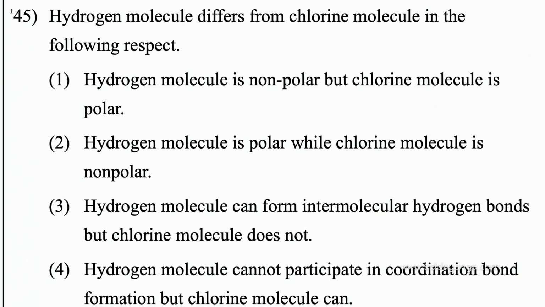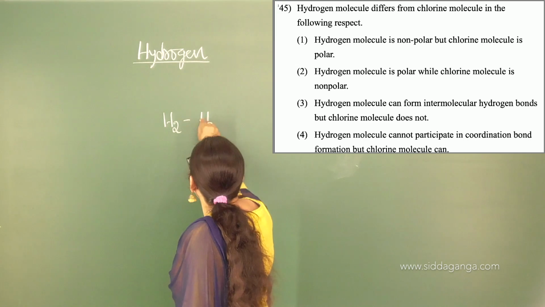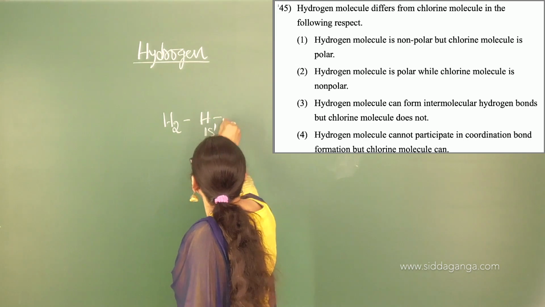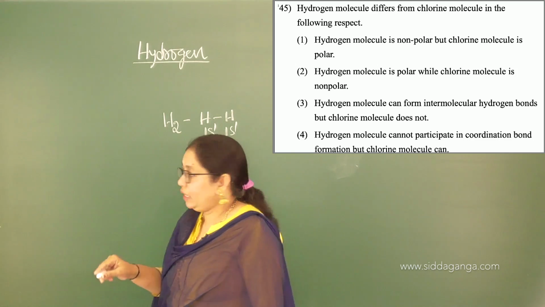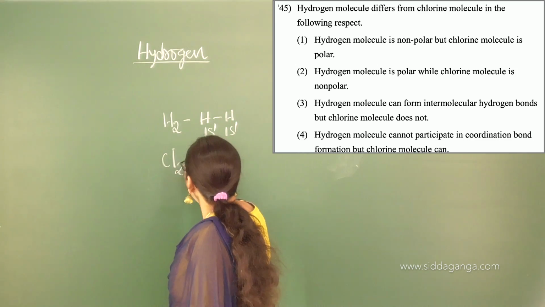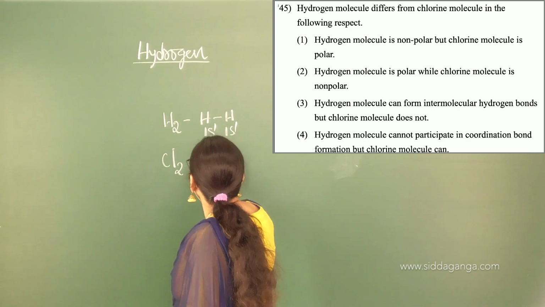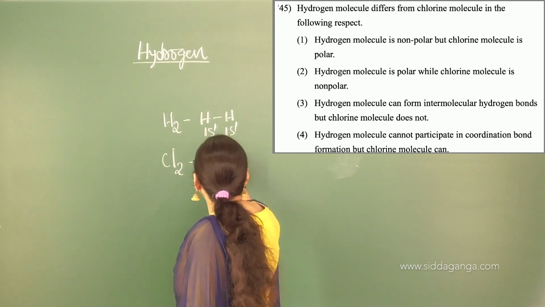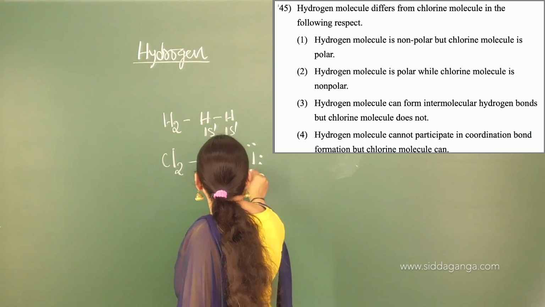Why? Because if you write the hydrogen molecule structure, each hydrogen atom contributes one electron, resulting in the formation of a hydrogen molecule. There will be no free electrons here. But if you take chlorine, its atomic number is 17. In the valence orbital there are 7 electrons from one chlorine atom and 7 electrons from one more chlorine atom.